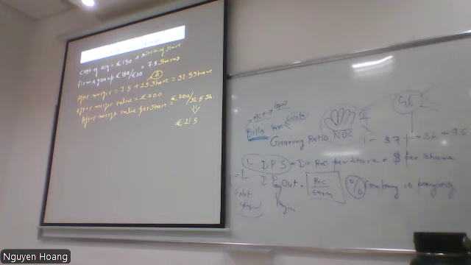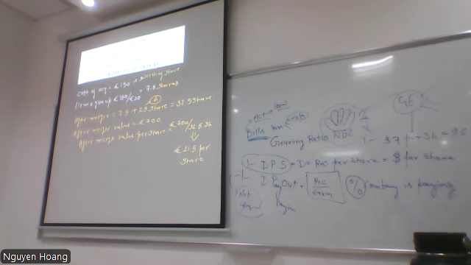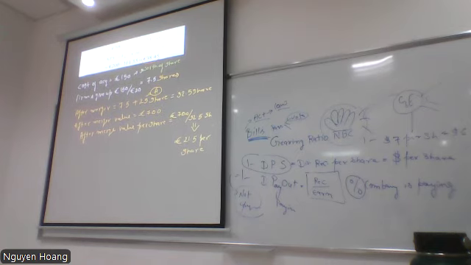21.5 per share. Remember that. So 21.5 is the per share value, and how much are you giving? 7.5 shares.